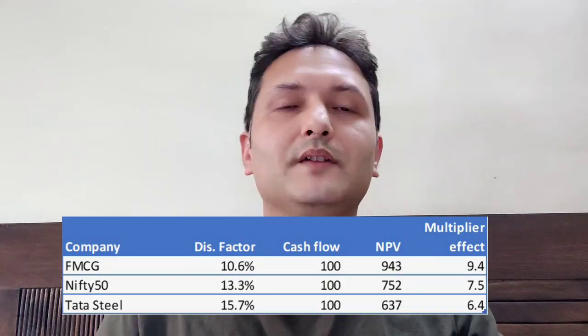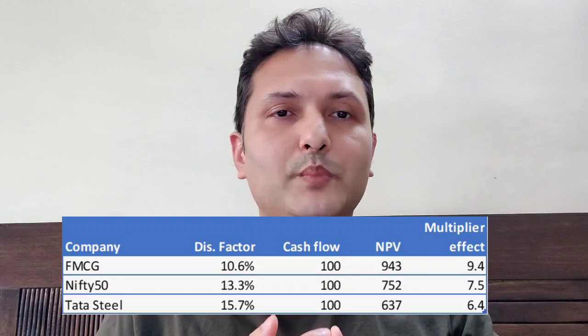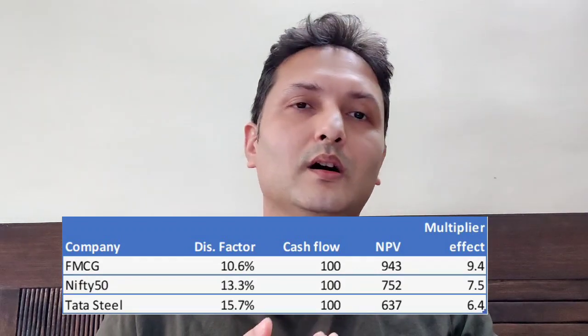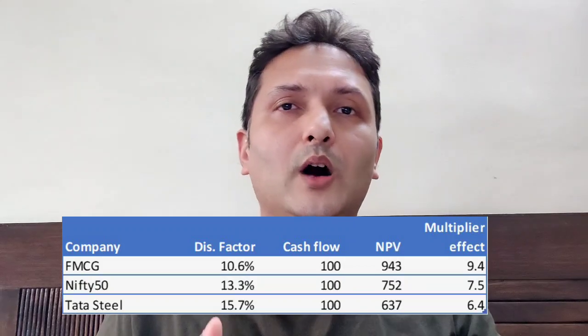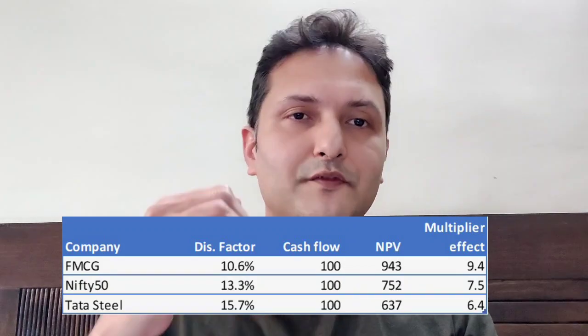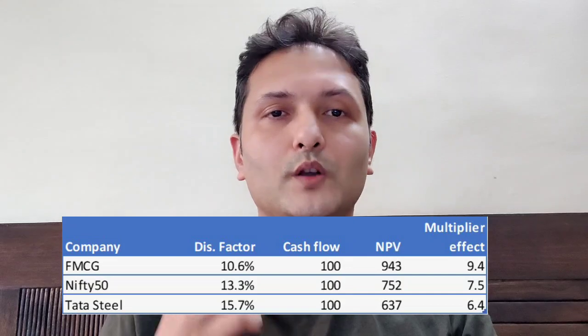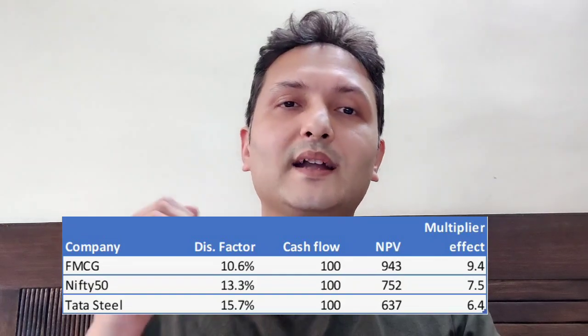While for Tata Steel, if I discount at 15.7%, I am getting an NPV of 640 rupees. Now you see how the discounting rate, which has been different because of beta, because of lower volatility, impacts the net present value of the same cash flow, which is 100 rupees.